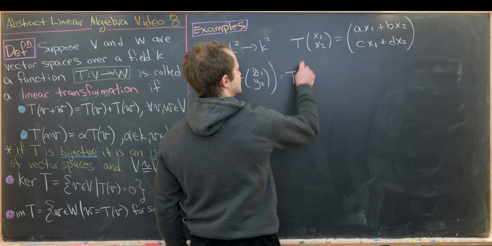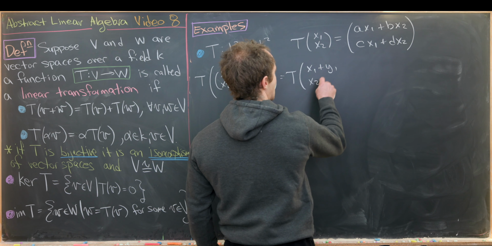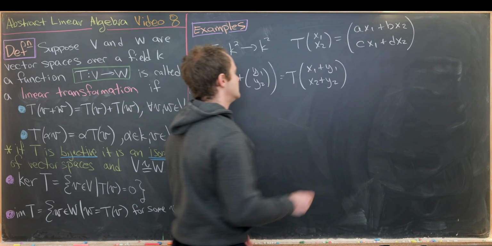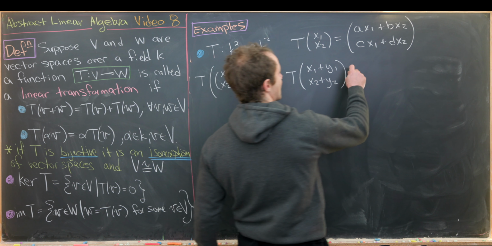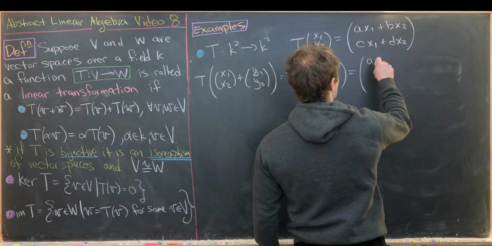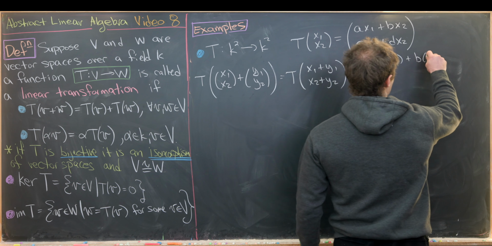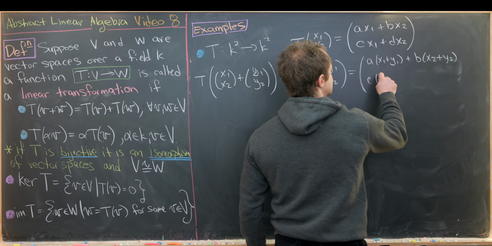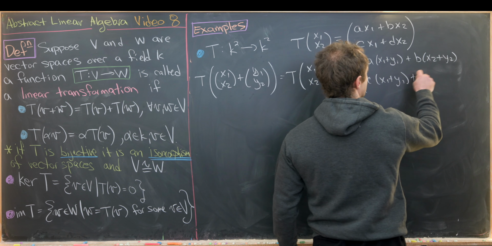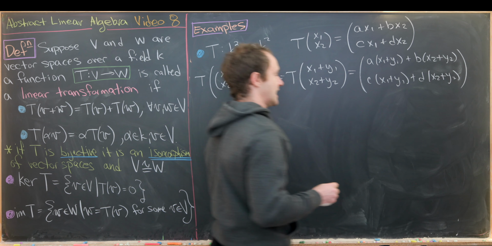So that'll be equal to T of x1 plus y1 and then x2 plus y2 using the rule for sum of vectors that we had previously. Okay, but that'll be equal to, let's see, a(x1 plus y1) plus b(x2 plus y2) in this first component, and then c(x1 plus y1) plus d(x2 plus y2) in this second component.